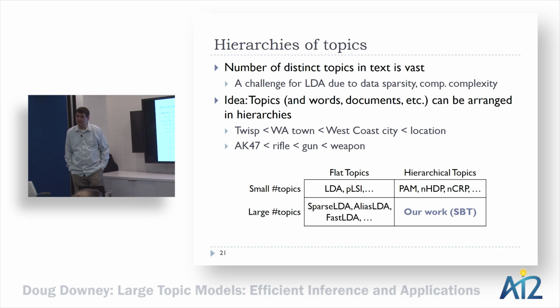Wikipedia has 4 million pages, and you could think of even each one of those pages as being essentially a topic. So for a data set the size of Wikipedia, you'd want to use hundreds of thousands or millions of topics, not a few hundred.